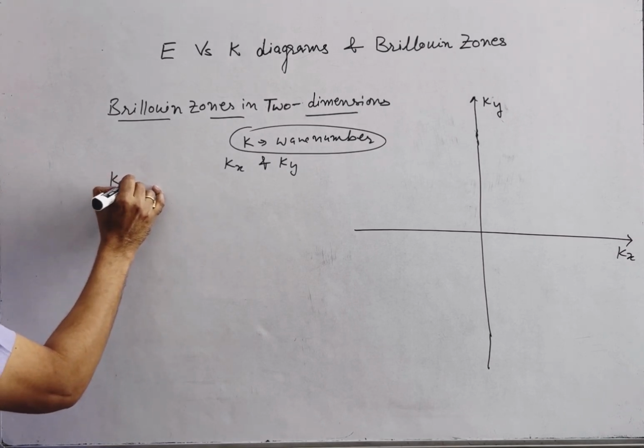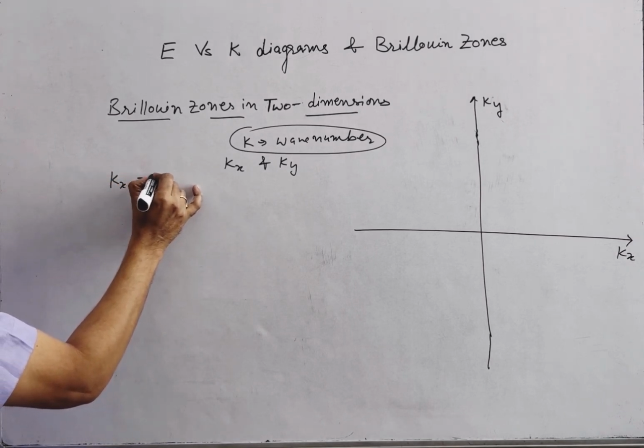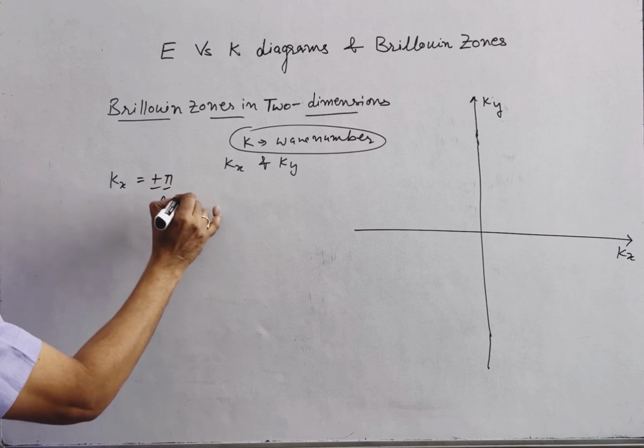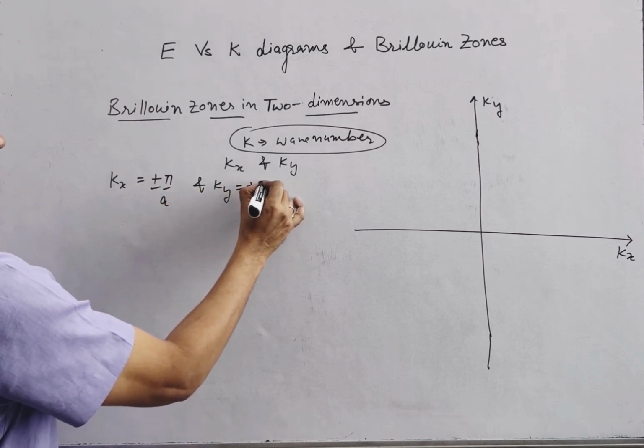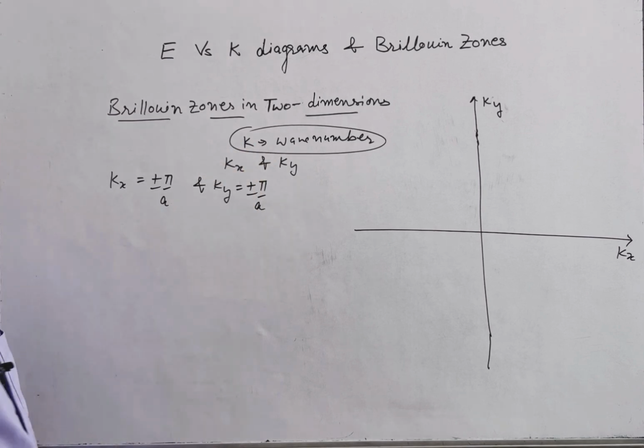So kx will take the values plus minus pi by a and ky equal to plus minus pi by a.